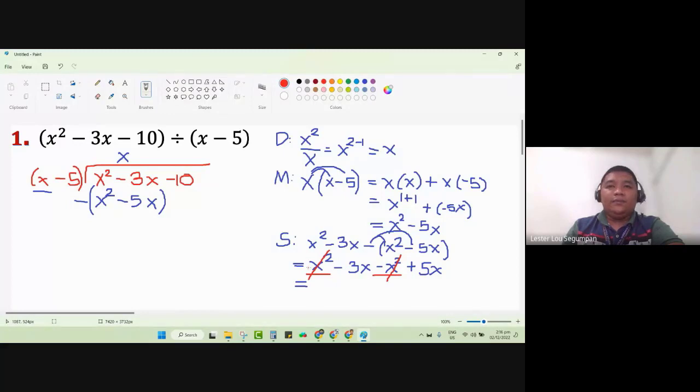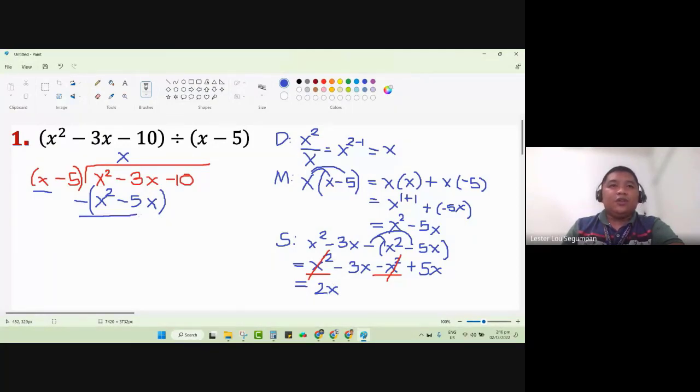Again, 1 minus 1 becomes 0. The remaining terms, this is included, negative 3 plus 5. Again, negative 3 plus 5 will give you 2x.